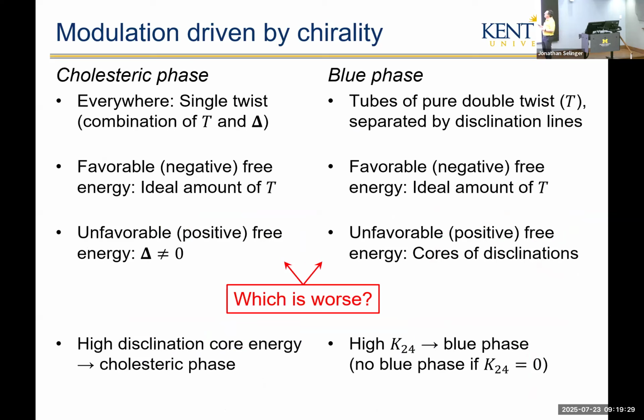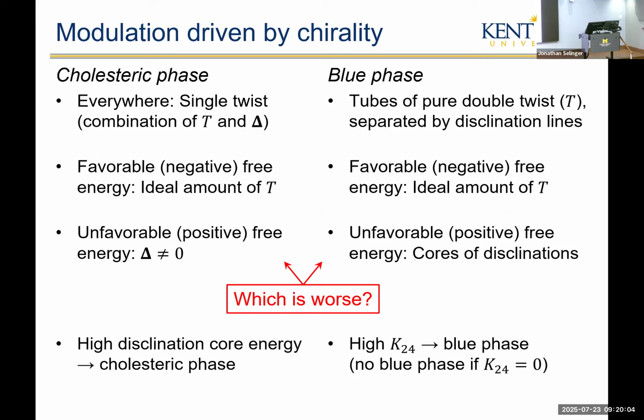Okay, so to see the competition between these, right, which is better? Well, either of these possibilities can make the ideal amount of twist. That doesn't distinguish between them. The distinction is what you have to sacrifice in order to get the twist that's desirable. Okay? In the cholesteric phase, the unfavorable thing is that you need this delta mode, which costs free energy.